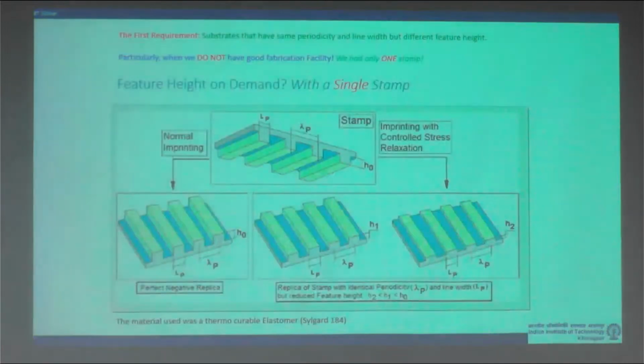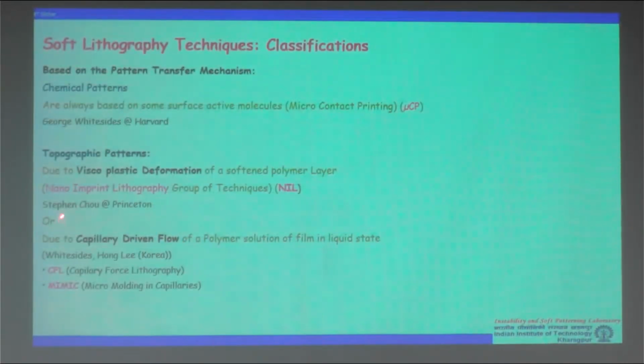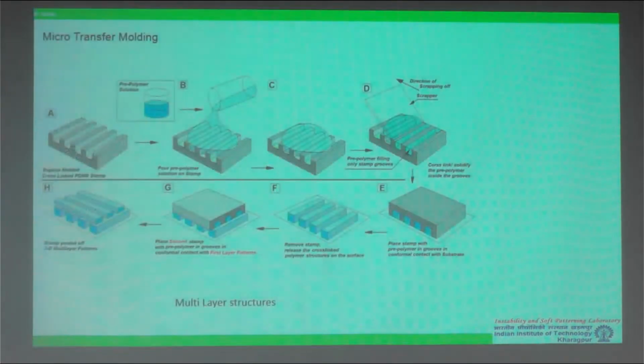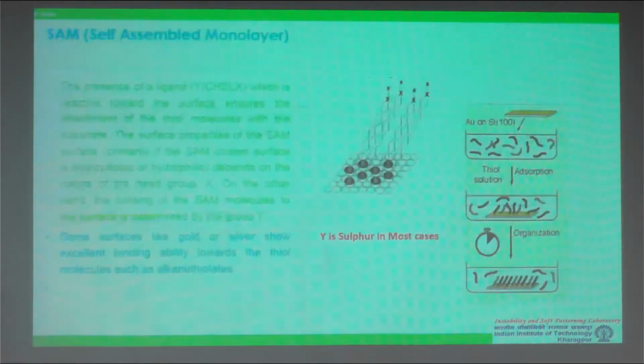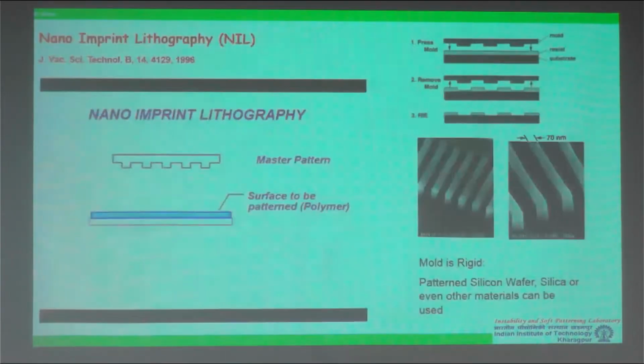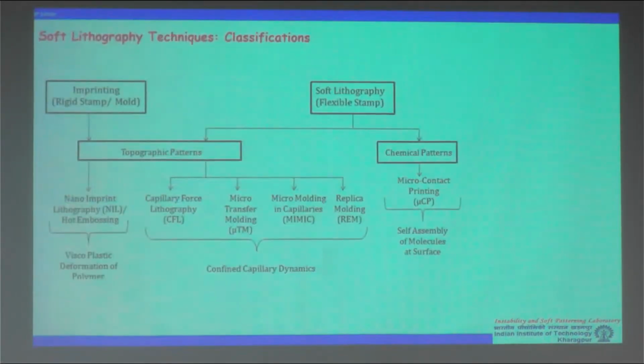There are techniques for making topographic patterns, like nano imprint lithography, replica molding, capillary force lithography, or in certain cases, even techniques for creating three-dimensional structures like micro transfer molding, right? So now if we go back and see this slide again, it will make a much better impact on you.